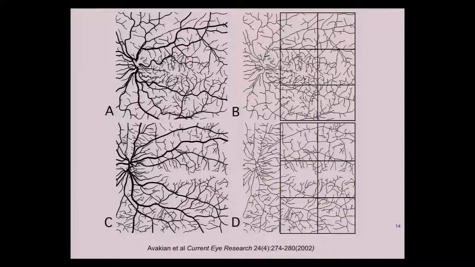And indeed, it was a former director of the United States National Eye Institute who suggested to us when I was in Washington that we use our CAM VessGen analysis for looking at human retinal disease. So these studies actually were done at the University of Washington with the Department of Ophthalmology.